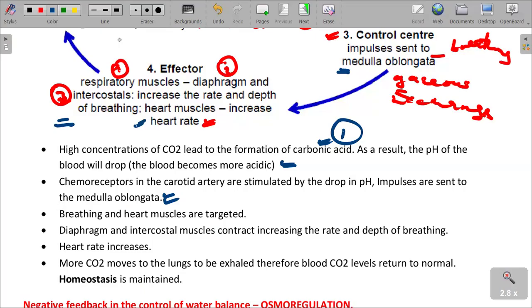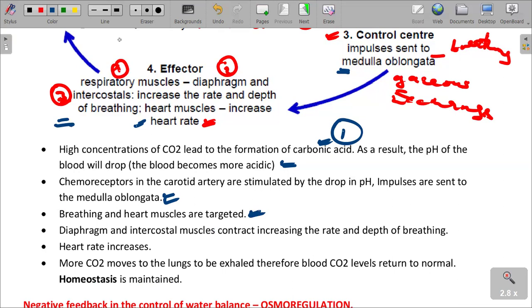We said it is the brain part responsible for vital body functions such as breathing and gaseous exchange. So breathing and heart muscles are targeted in order to ensure that more oxygen is taken in as well as carbon dioxide out.